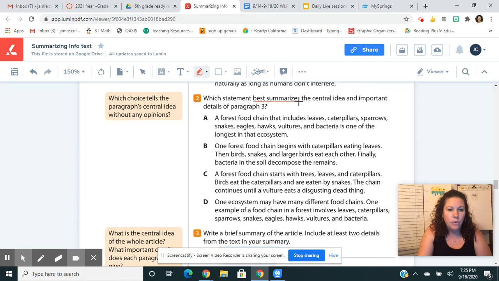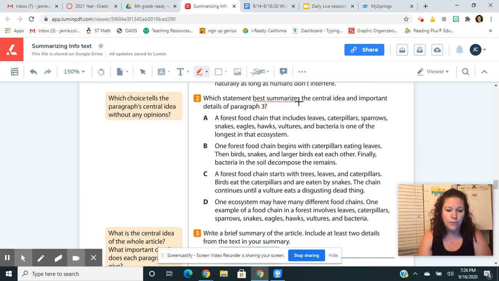A, a forest food chain that includes leaves, caterpillars, sparrows, snakes, eagles, hawks, vultures, and bacteria is one of the longest in the ecosystem. B, one forest food chain begins with caterpillars eating leaves, then birds, snakes, and larger birds eat each other. Finally, bacteria in the soil decompose the remains.